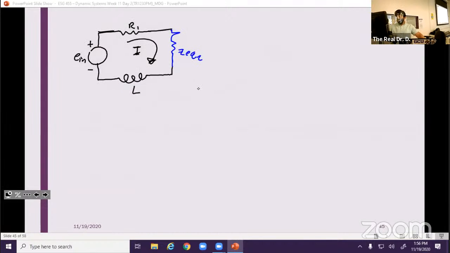So I can redraw my circuit again. I redraw it, right? This time across, and look at what I've got out here.